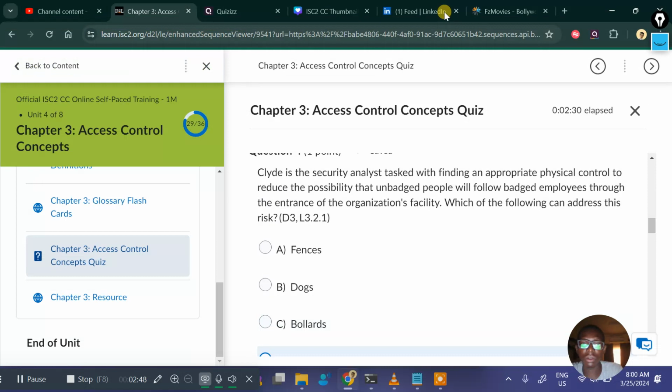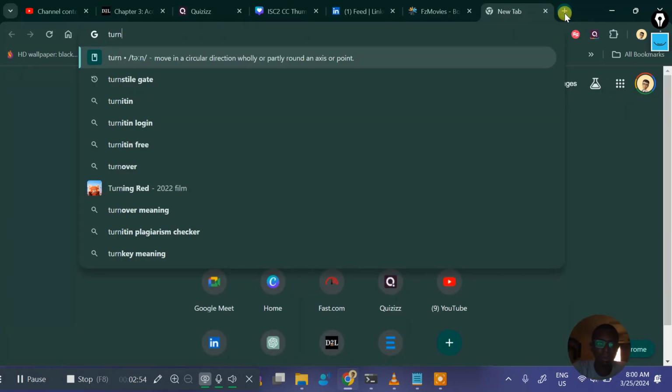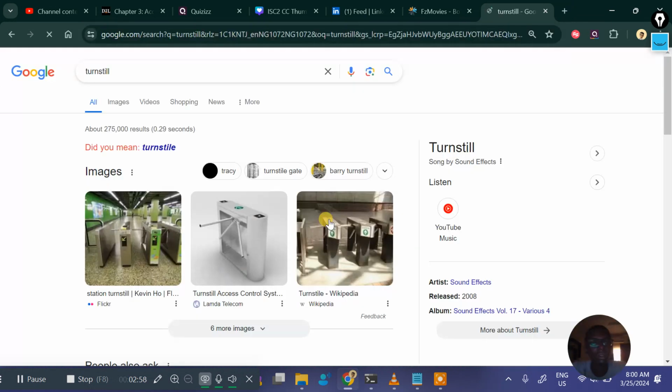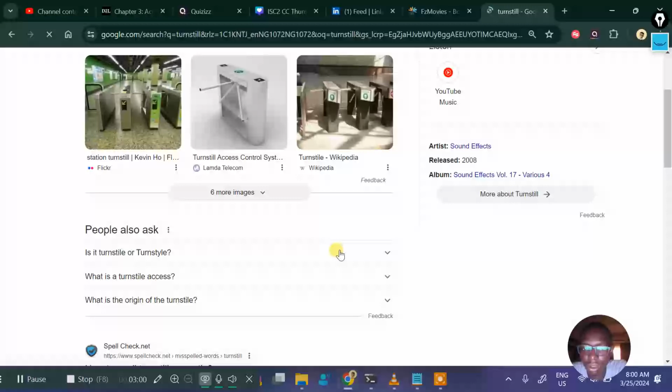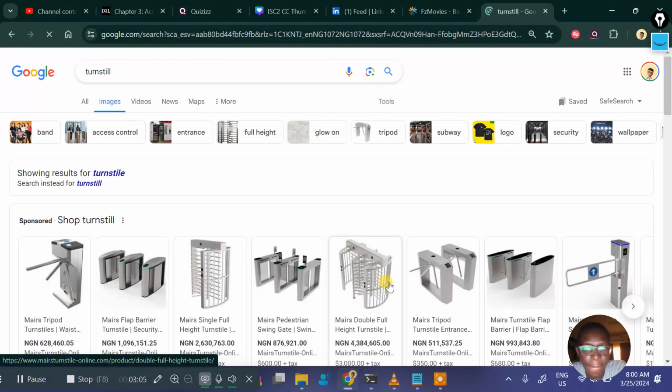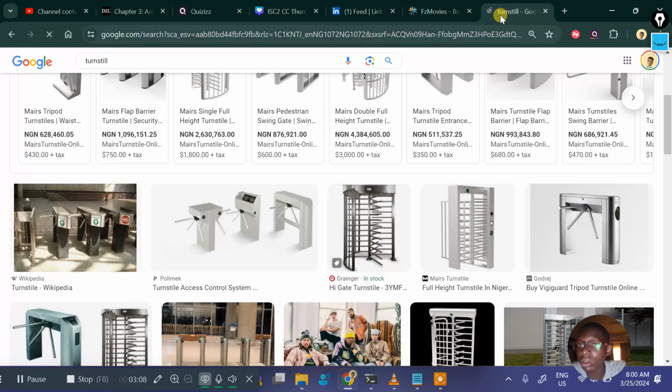So let's say, there we go, turnstile, and this, right? It might look a little bit different for you. This particular one is quite popular. So now you know what a turnstile is.